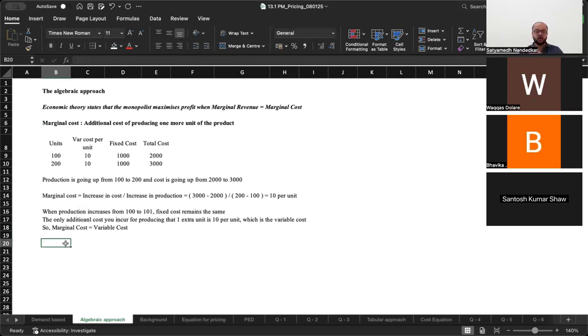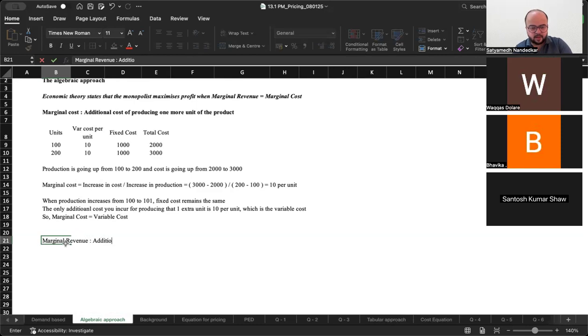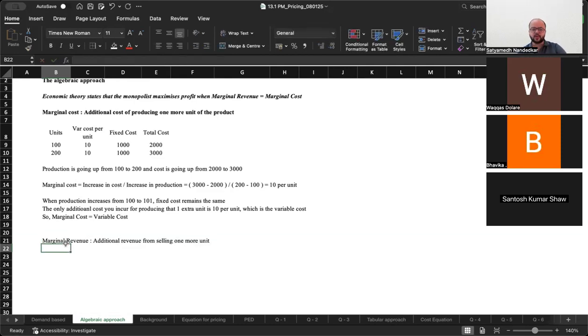ठीक है, अब along with marginal cost, you need to understand one more term which is called marginal revenue. ठीक है, this is additional revenue from selling one more unit.